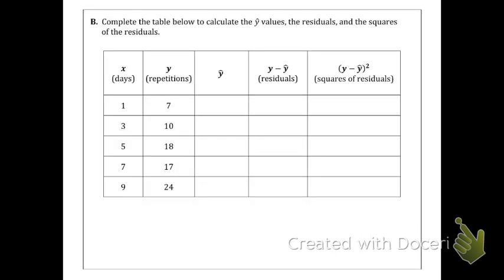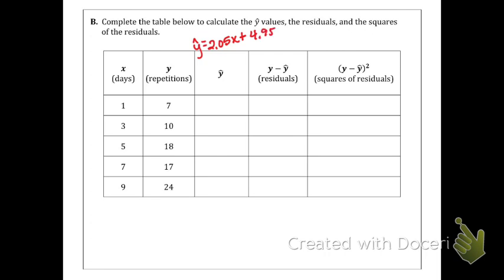Then it wants to complete the table below to calculate the y hat values, so the predicted values, the residuals, and the squares of those residuals. So we're going to go through here, and there's different ways to do it, but remember they told us that y hat was equal to, let me look up that equation again real quick, 2.05x plus 4.95.